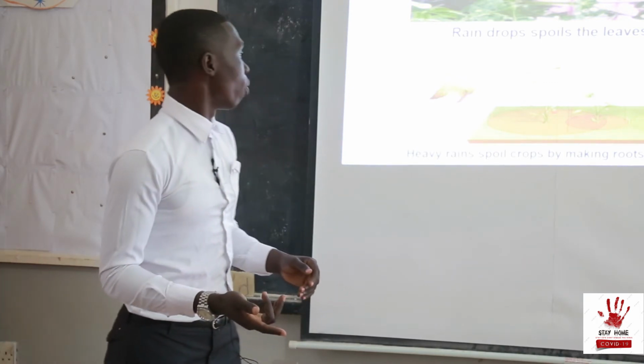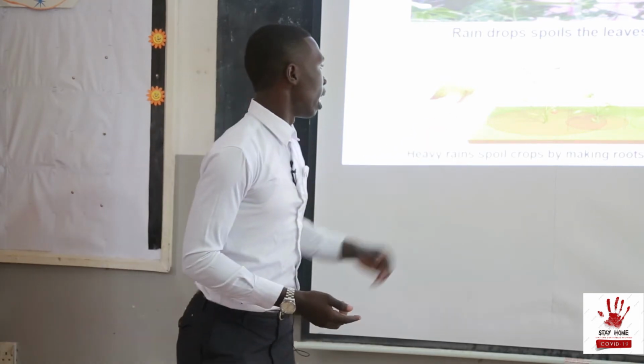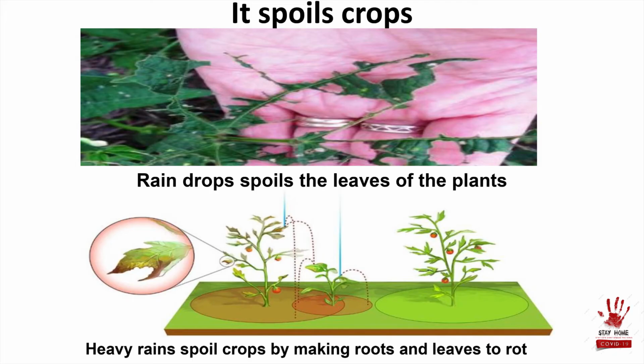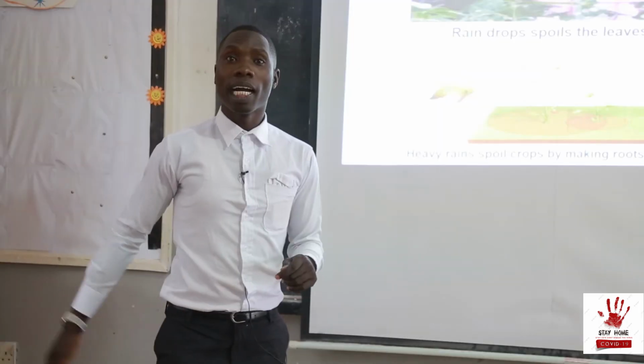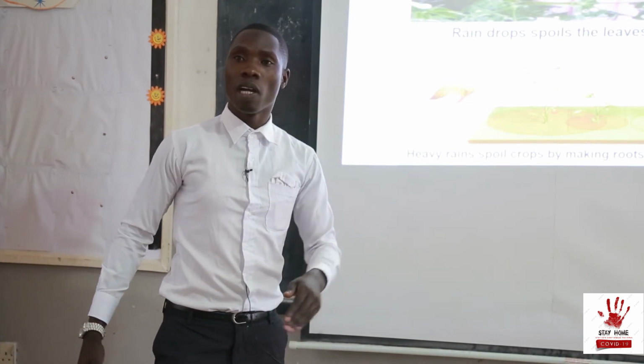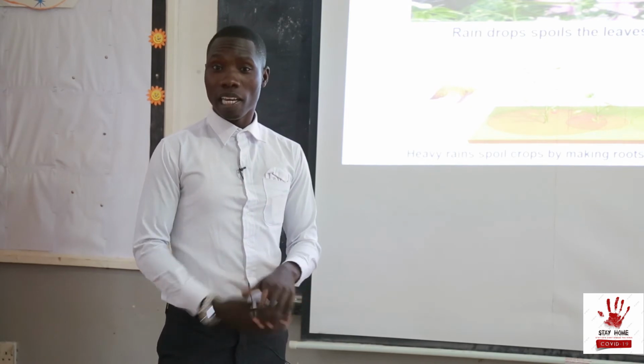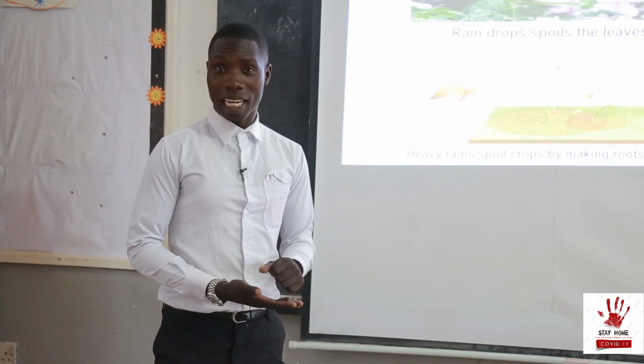That's one way how heavy rainfall can spoil the leaves, as you can see here. The droplets hit the plant and the leaves fall off. Also, the flood water is flowing on the ground, so it can take away the topsoil, hence taking all the plants.